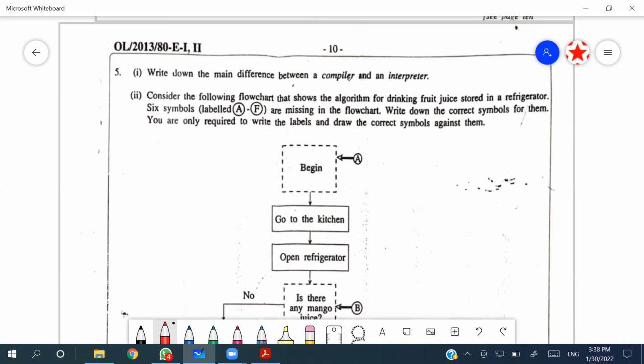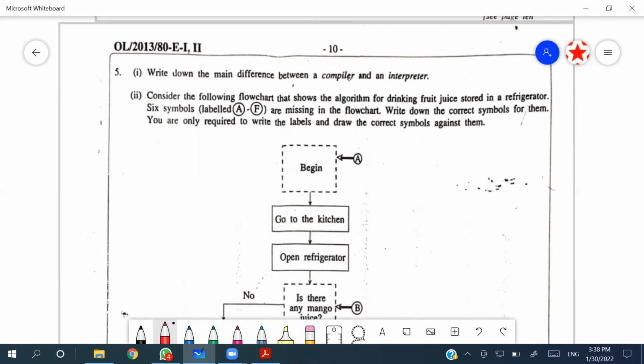The interpreter converts one line of the source code into machine code, then starts running the program. So in simple terms, the interpreter translates the source code line by line, and the compiler translates the entire code at once.